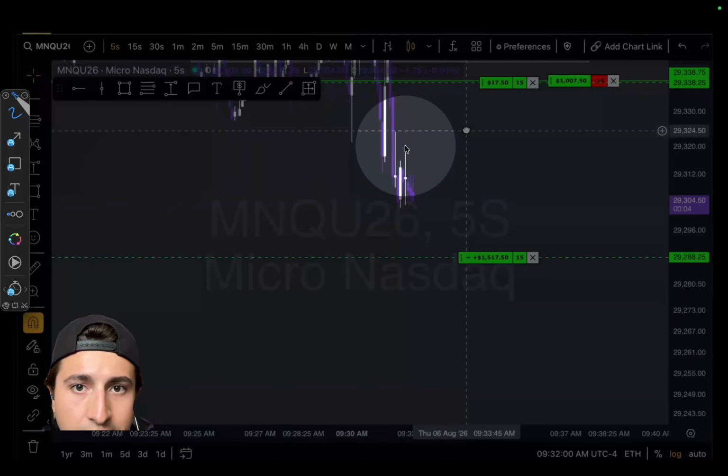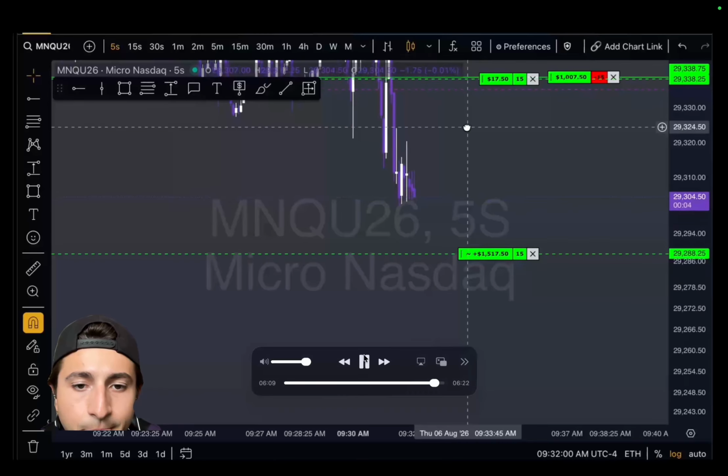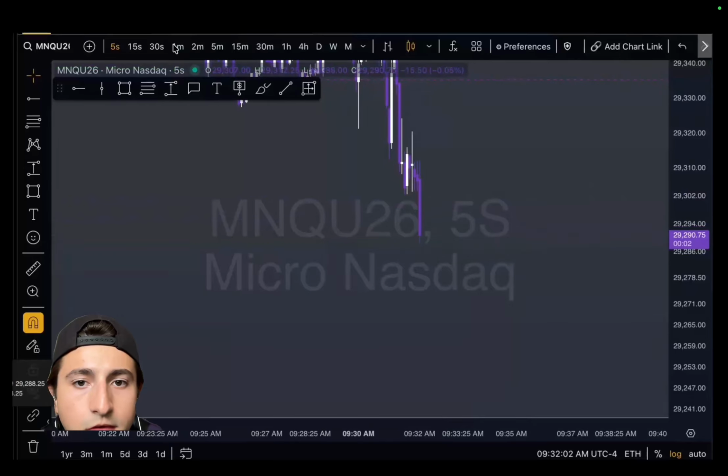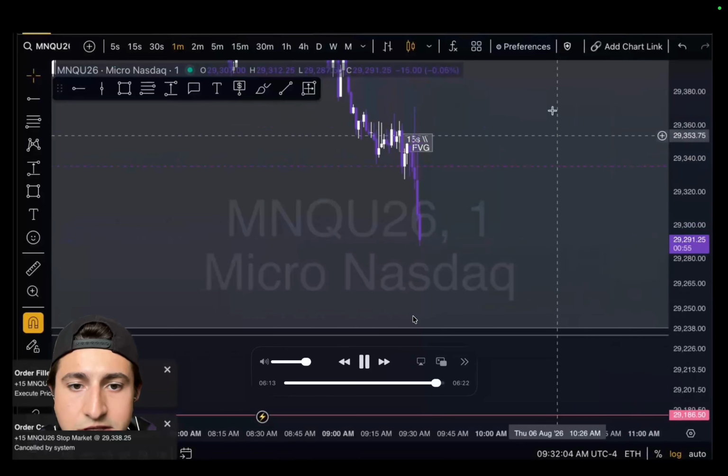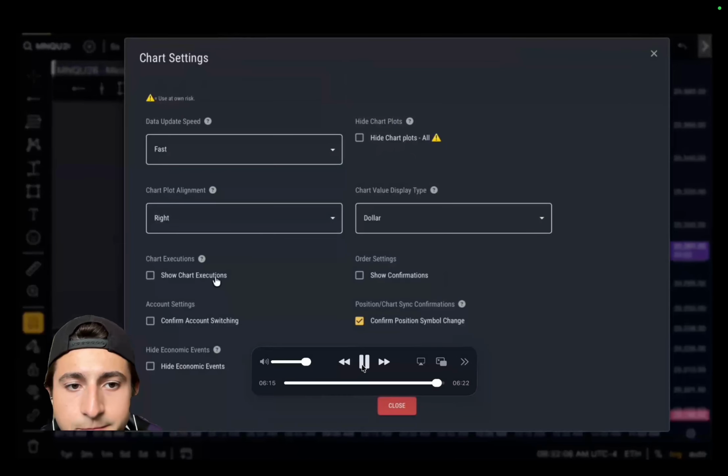See from this wick here, we failed to go higher here. So I'm suspecting this to continue with speed and volatility. And there it is, just like that. Show you the entries.